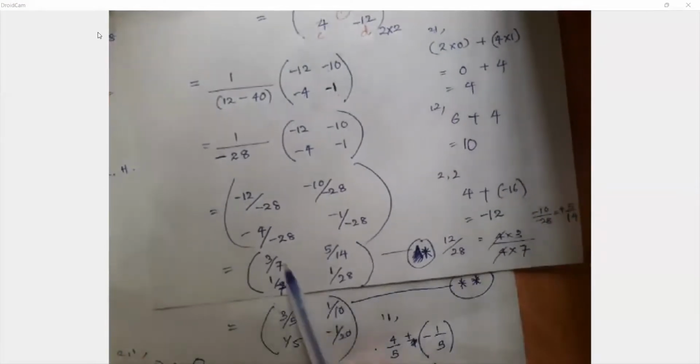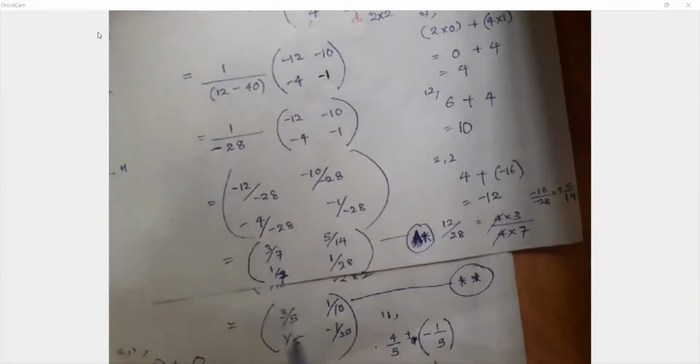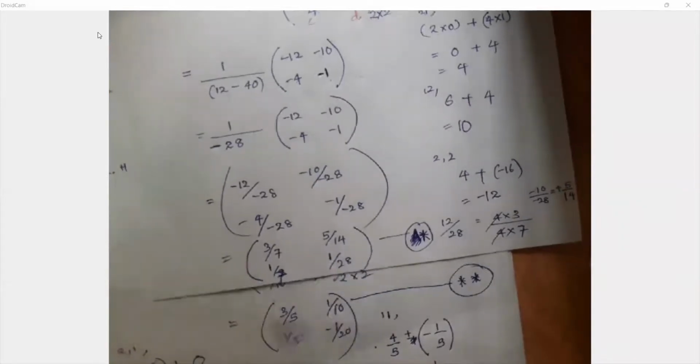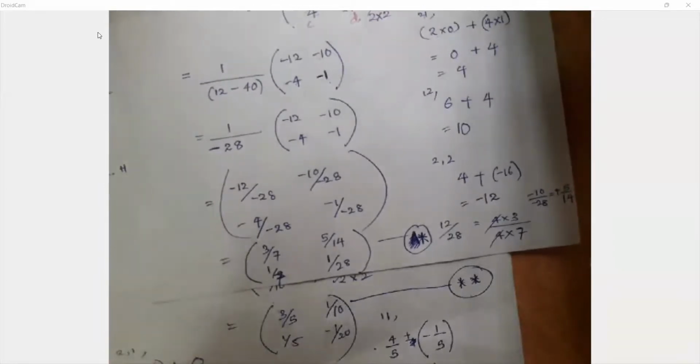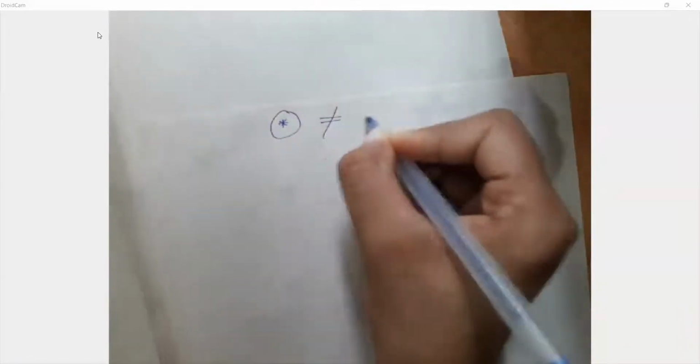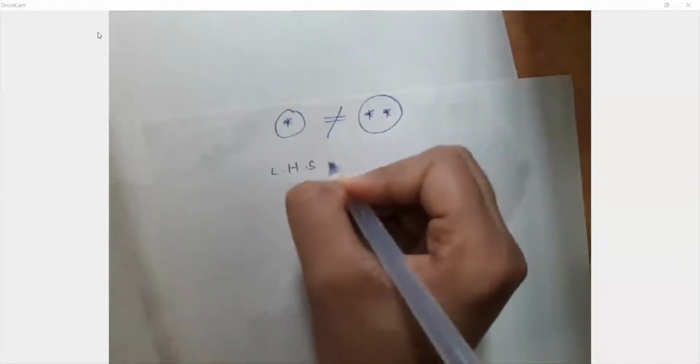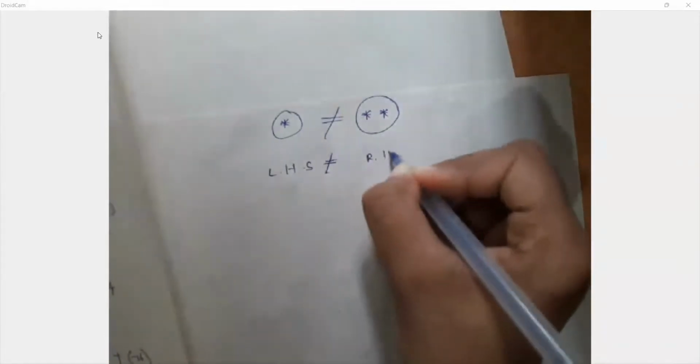Equal means each element should be equal. No. 2, 1 and 2, 1 are not equal. That means it does not equal, so we can write star does not equal double star. That means left hand side does not equal right hand side.